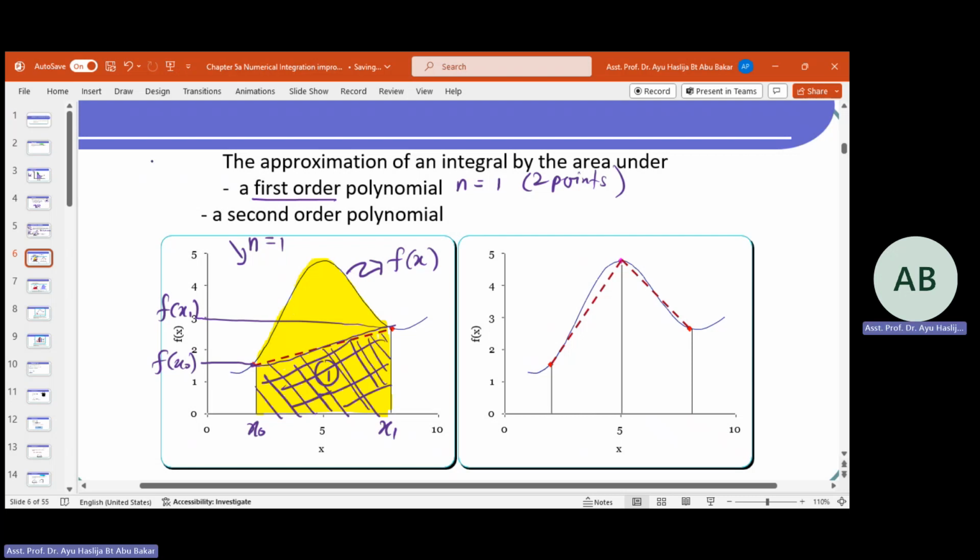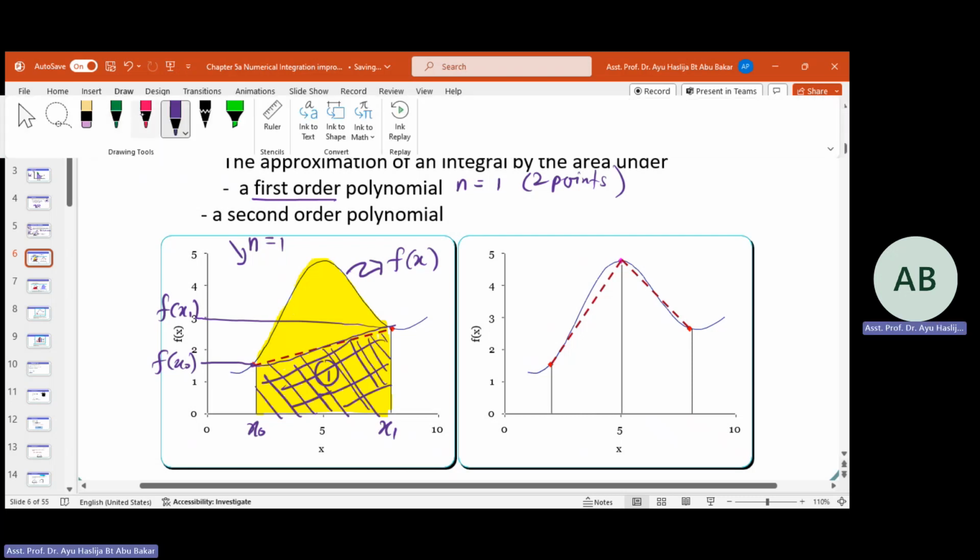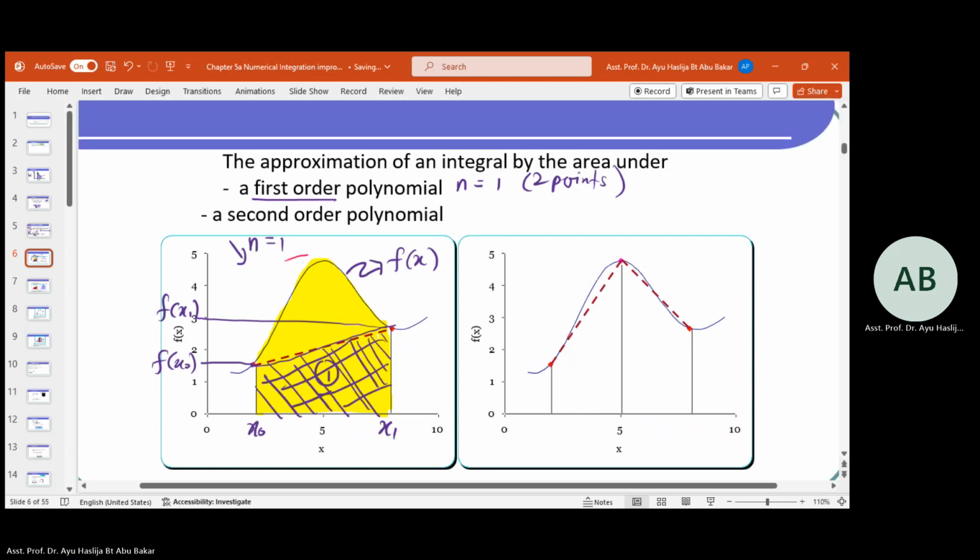So the rest of the area, this part, is error. The error part, which is not being calculated numerically. So that is n equals to 1.